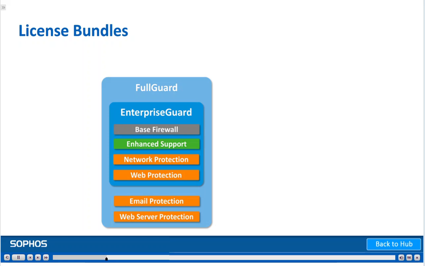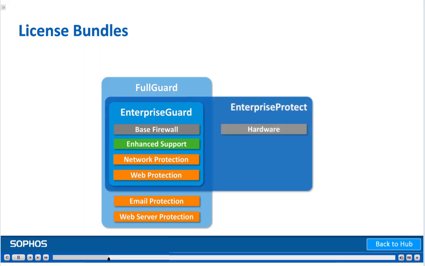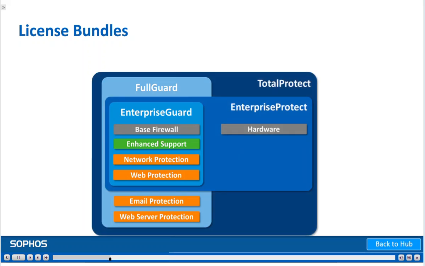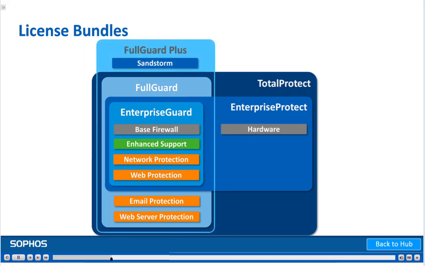Both Enterprise Guard and Full Guard are for software, virtual, and cloud deployments. Enterprise Protect is Enterprise Guard plus hardware, and Total Protect is Full Guard plus hardware. Sophos Sandstorm is included with the Full Guard Plus and Total Protect Plus bundles.